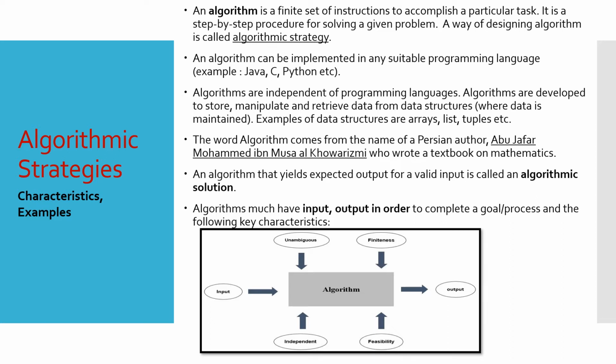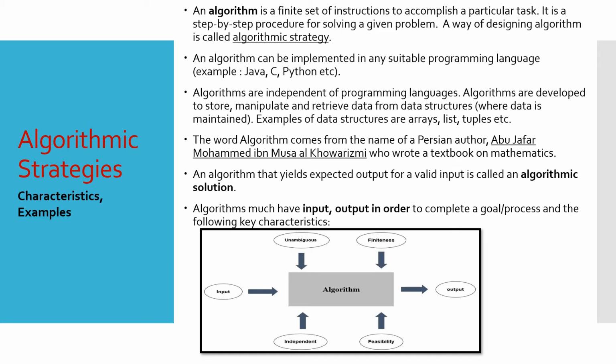Okay. An algorithm can be implemented in any language. I've given you very few examples here: Java, C, C++, Python. You have hundreds and hundreds of languages right now in this world. But an algorithm, which is a fundamental pseudocode, is common because it describes the tasks we have to do to resolve a problem and get a solution, which means the output.